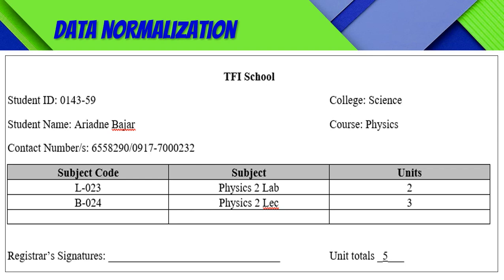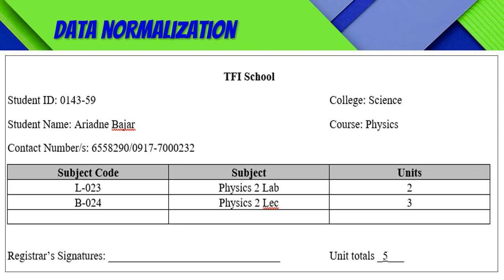This form will ask you for your student ID, student name, and of course the contact numbers, the subject code, the subject description, the units, the college, and the course of the student. Also included there are the registrar's signature and the total units of the subject. Okay? Unit totals of the subject.